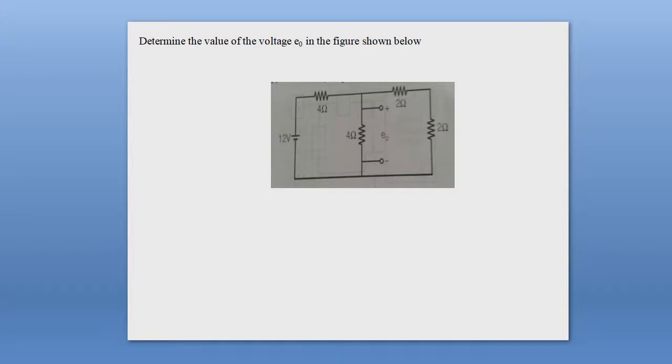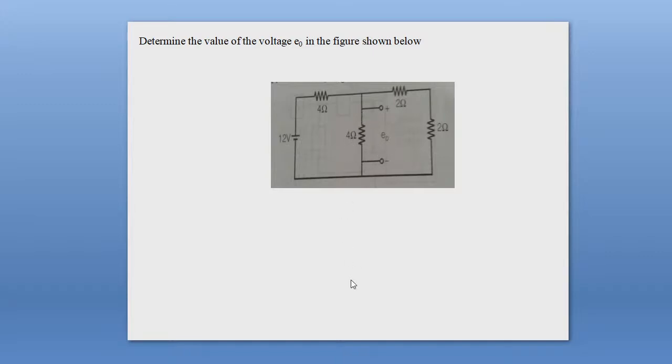So then you tell me the value of E naught. You see that the voltage drop across this terminal, between this and this, there is a 4 ohm resistance, and the question is what will be the voltage drop across this resistance.